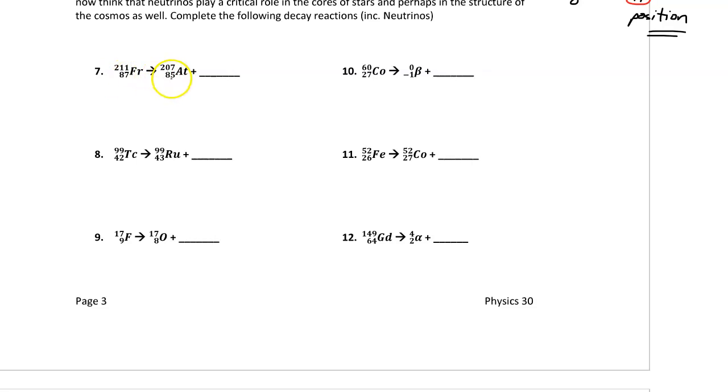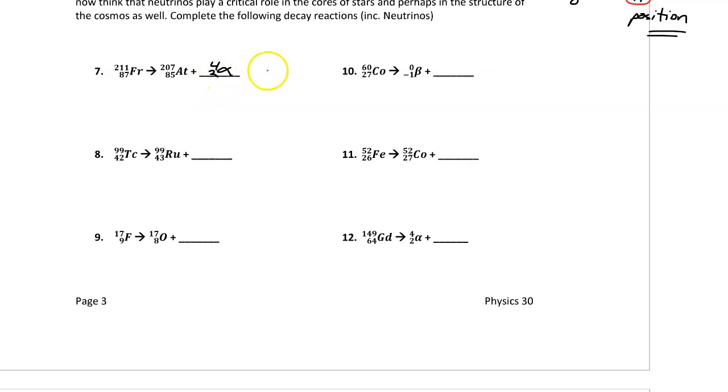So 87 becoming 85 means that this needs to be a 2. And 211 becoming 207 and 4, because we got 211 mass before and a total of 211 mass afterwards. Charge of 87 before, charge of 87 afterwards. And so this winds up being the alpha particle, that helium nucleus.